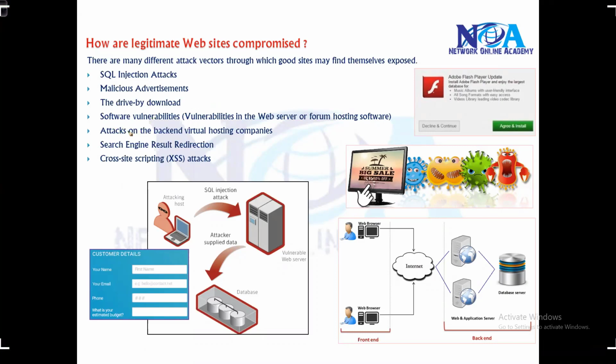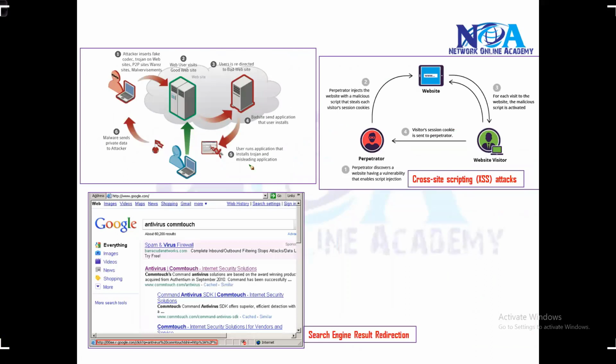So there are other options like attacks on the backend virtual hosting companies as well, at the backend. And also there is something called search engine result redirection. Now this typically happens where you use some kind of search engine. It can be anything like Google or Yahoo or whatever search engine you're using.